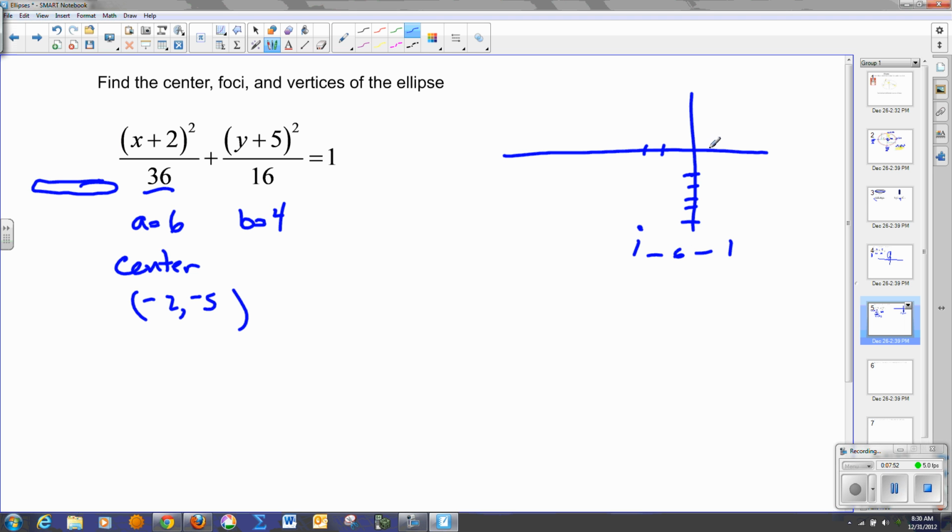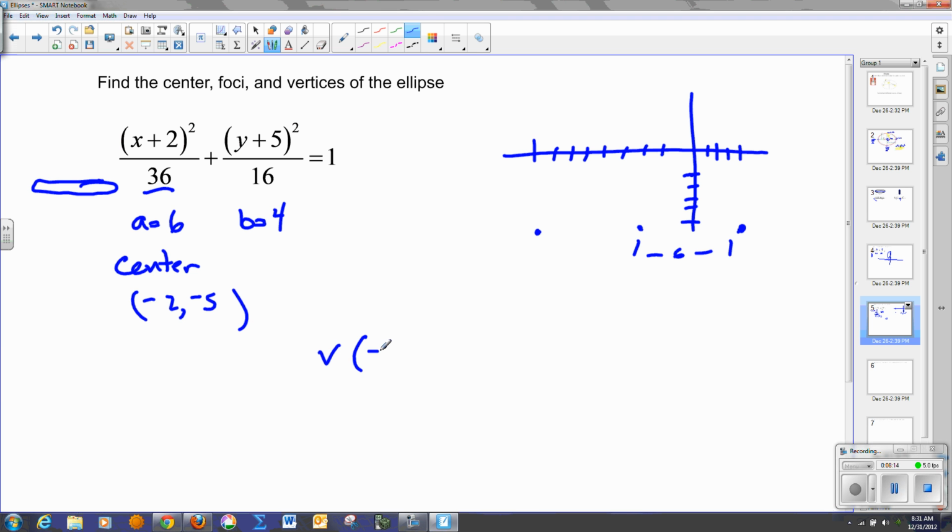So if I move over 2, 3, 4, 5, 6, that puts me right around here, and 1, 2, 3, 4, 5, 6 puts me right around here. So my vertices are 6 to the left and right of this point.